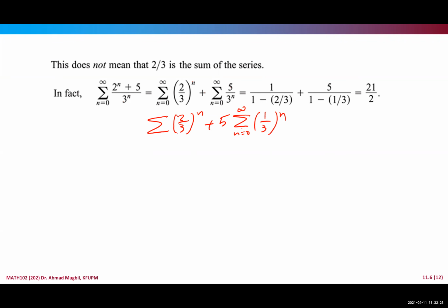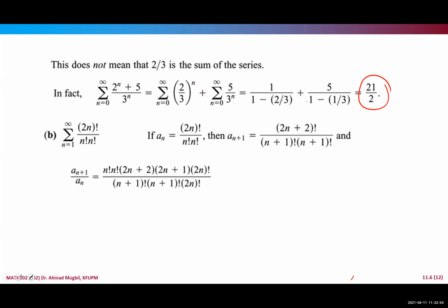Now this is geometric, so the sum is a over 1 minus r for each. So if you have a test that can tell you about the convergence and give you the sum, use it. It is much better than a test that only gives you convergence without the sum. So it was easier here to use the geometric series idea.